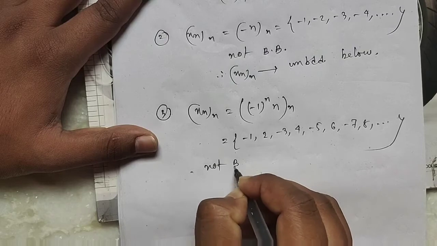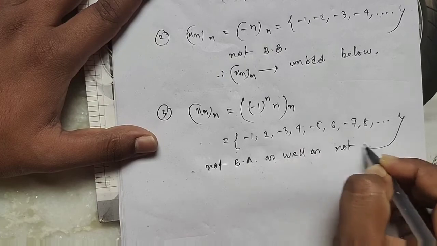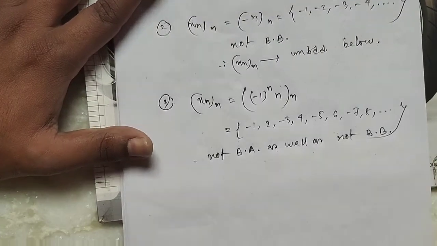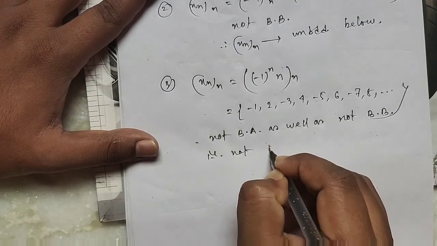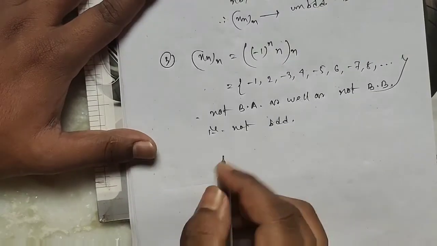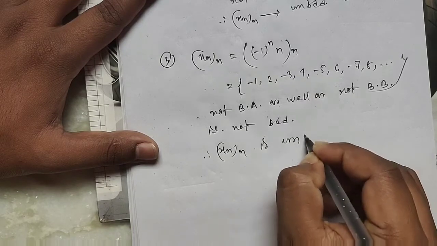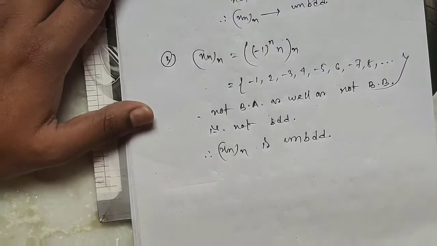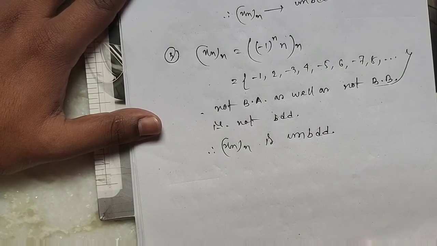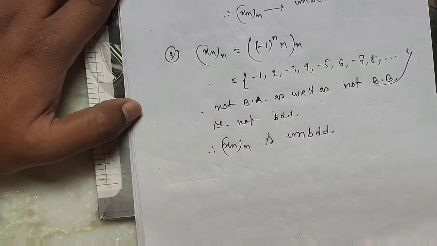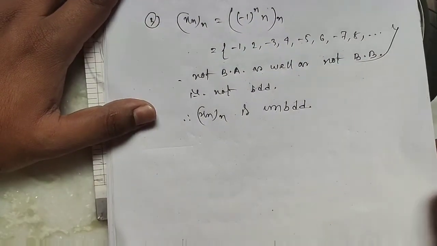So not bounded above as well as not bounded below. That is not bounded. Therefore xn is unbounded. So this is the definition of unbounded sequences.